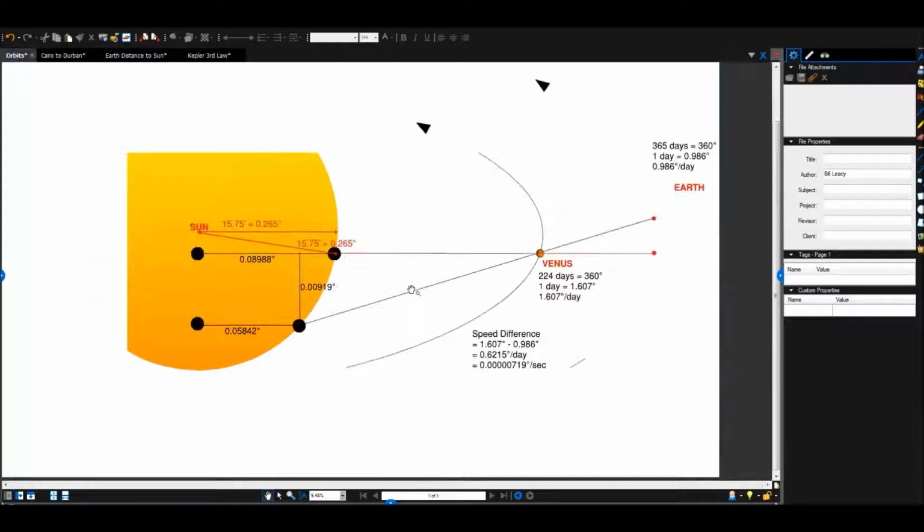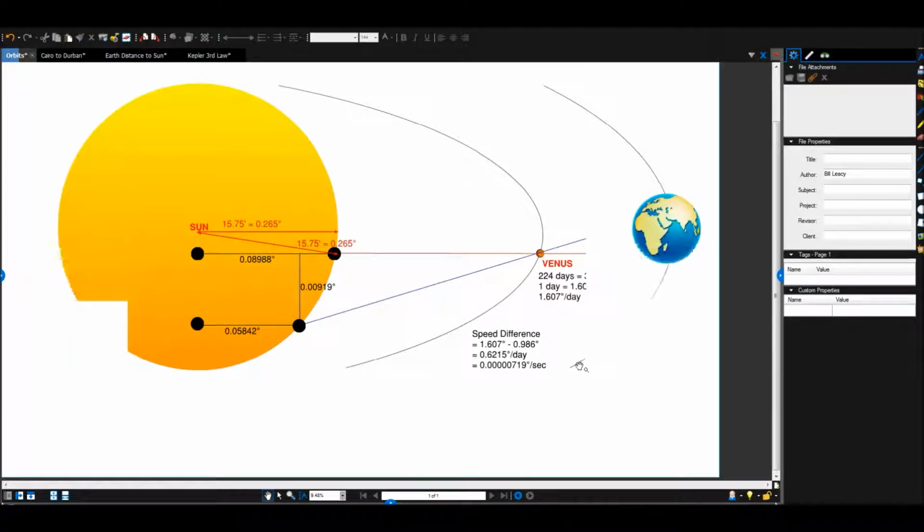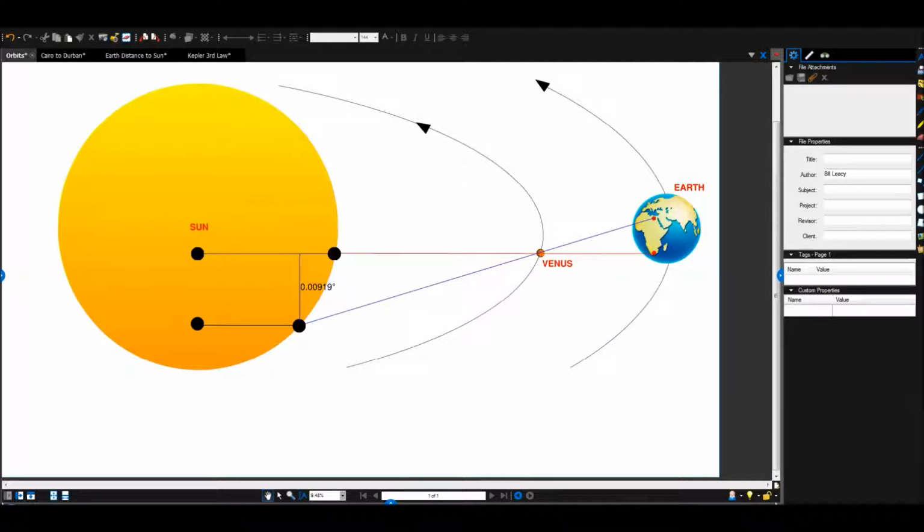So let's zoom out. So what we've got is we have this angle here now, and so now we can finally calculate the distance to the sun. You might not see it right now, but you'll see it in a moment. So we have this now, and what we also know is the distances from the sun to Venus and the sun to Earth in terms of AU.